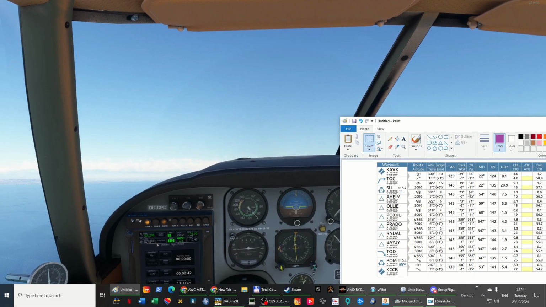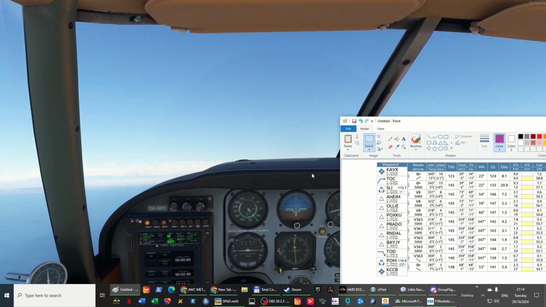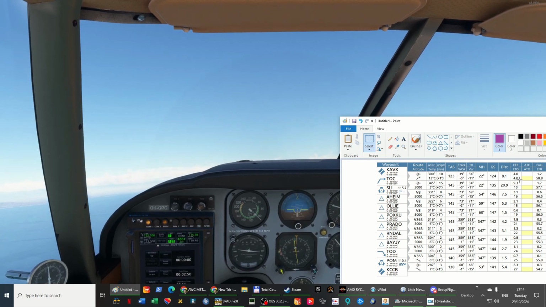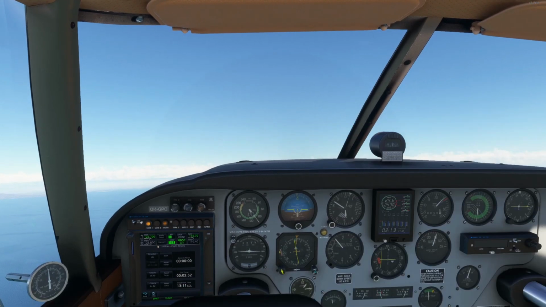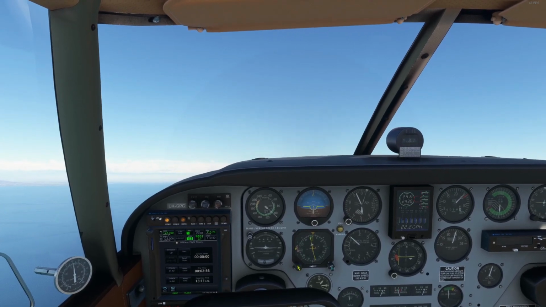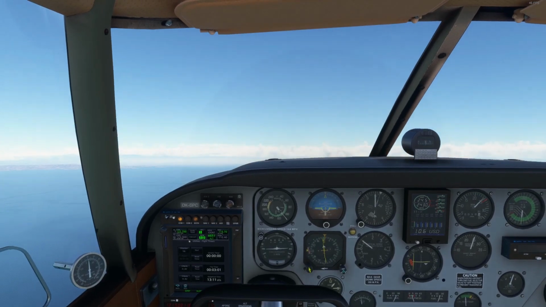Catalina traffic, Comanche 6529 Lima, departing runway 22, Catalina. First one is the SLBOH and it's like 16 minutes into the flight. No, actually 13 minutes into the flight. Okay, that's 5,000.